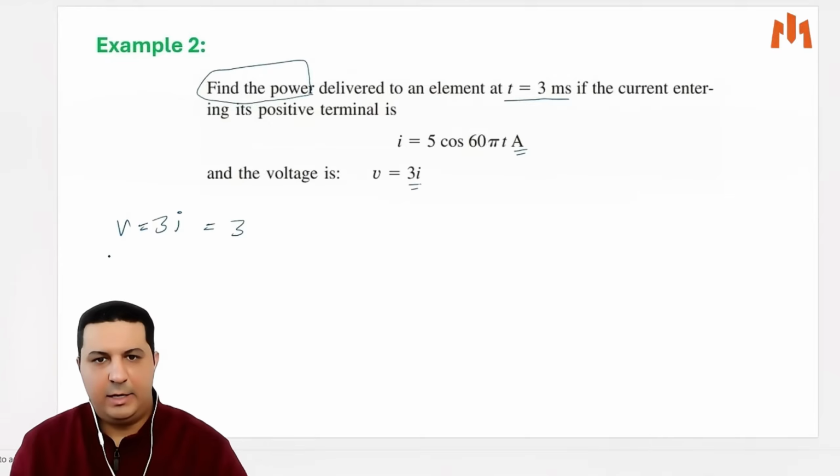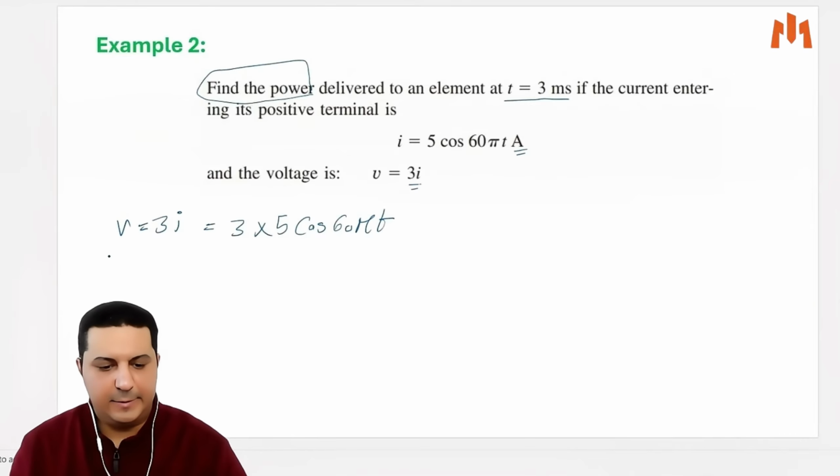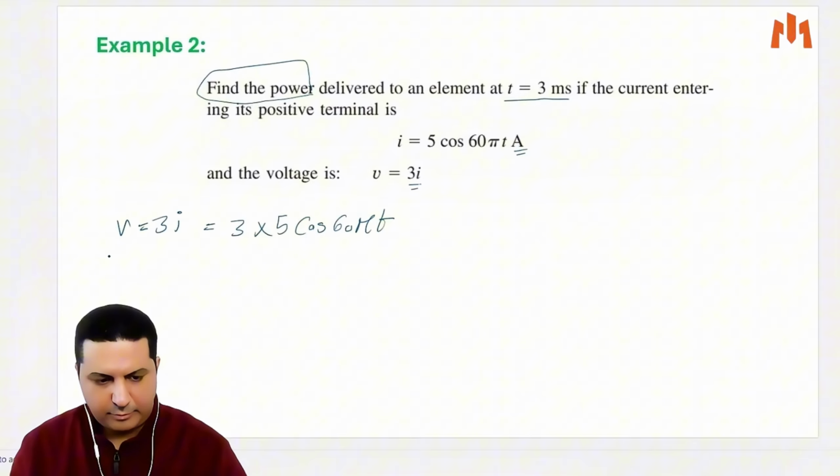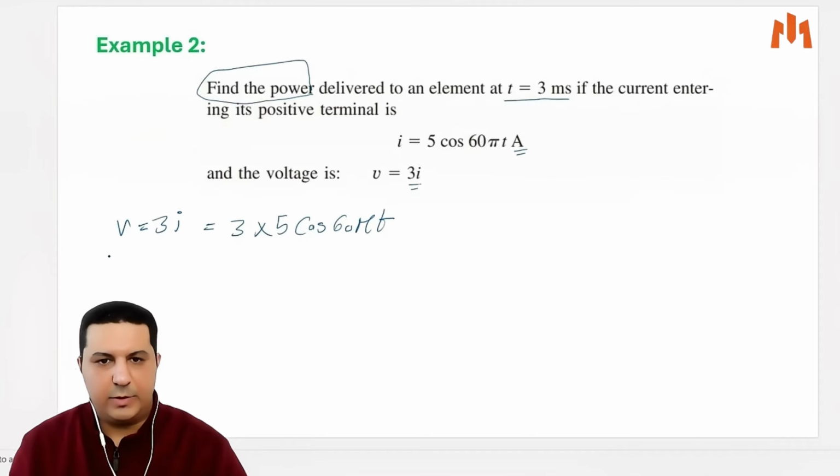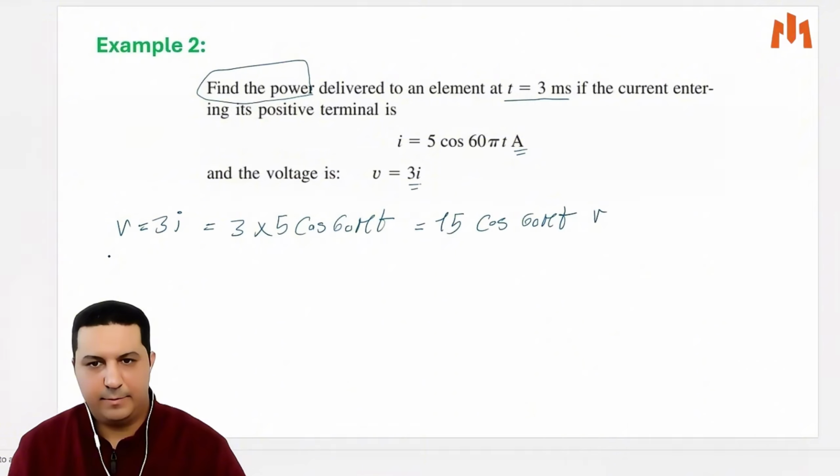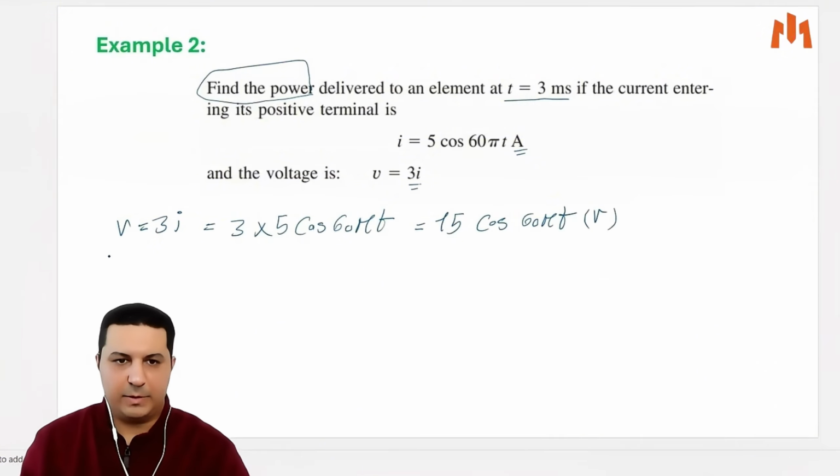It means 3 times 5 cosine 60 pi t, so this is the voltage: 15 cosine 60 pi t volts.